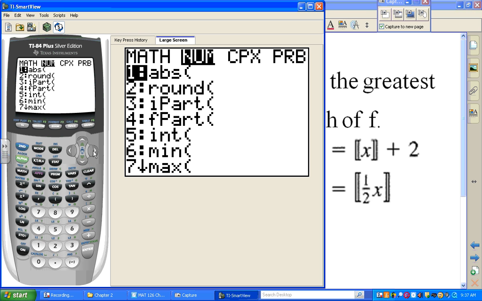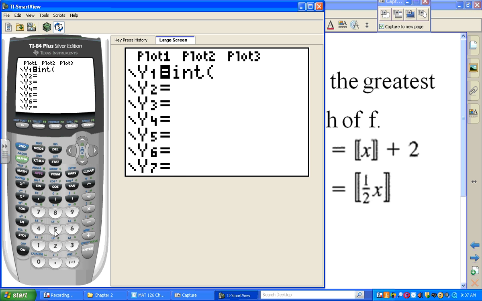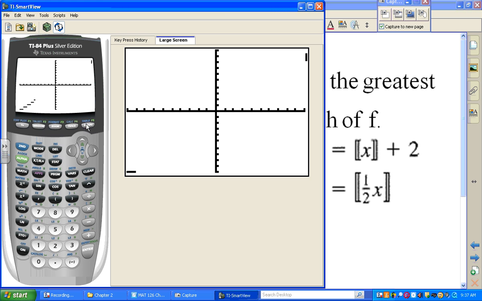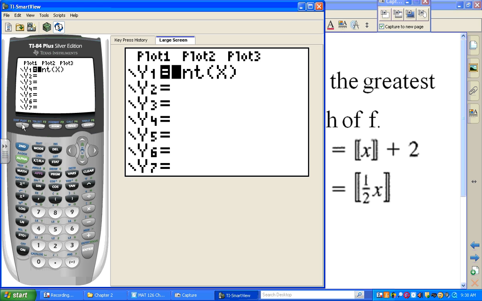Math, number, INT, and I'll graph out this one. Now some calculators will have lines connecting the steps, some won't. Just depends on your make and model. Okay? It's not that big a deal on the graph. It shows up in calculus here and there, but that's about it.